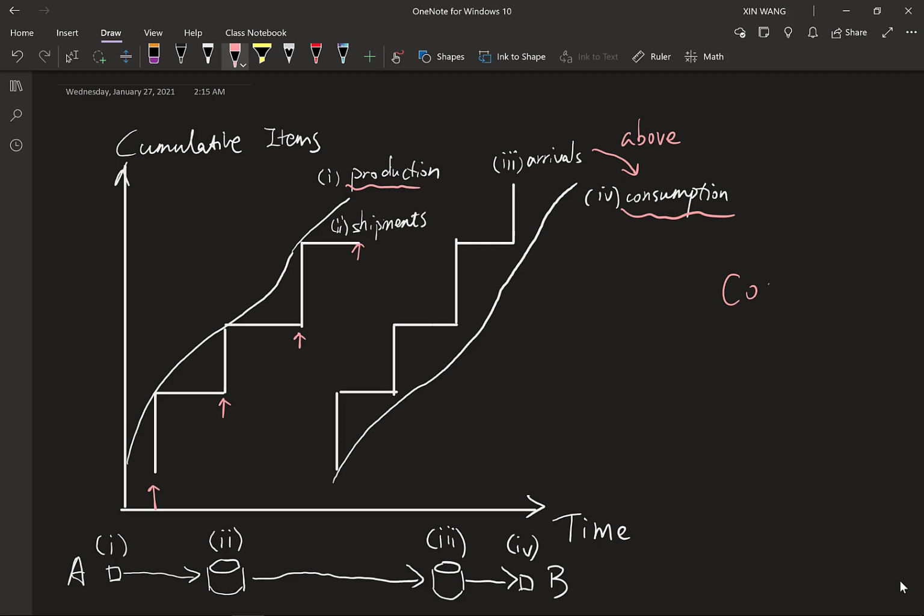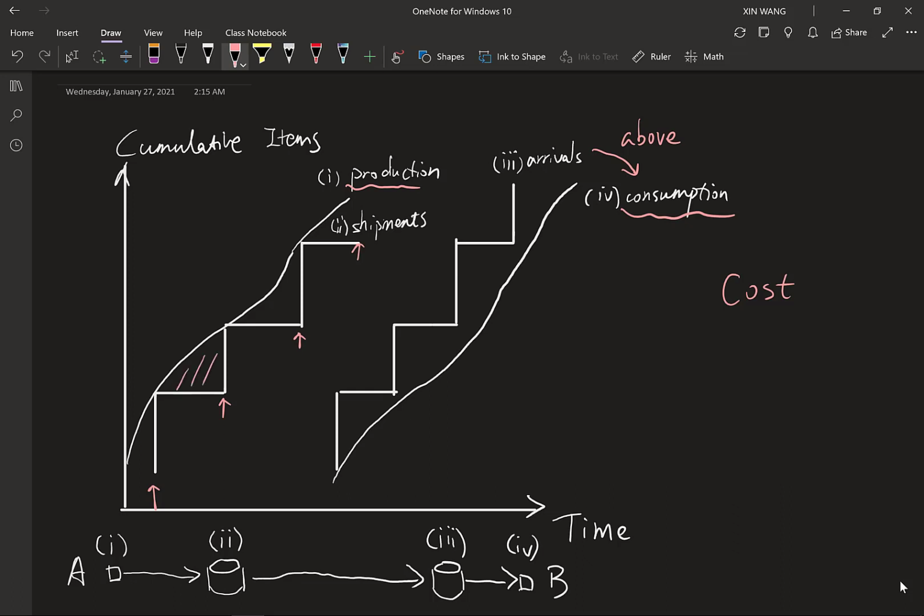So let's see, where are the costs? In fact, there are two types of cost we can see from the figure. One is the cost where the products are stored, or the waiting cost, or the holding cost.